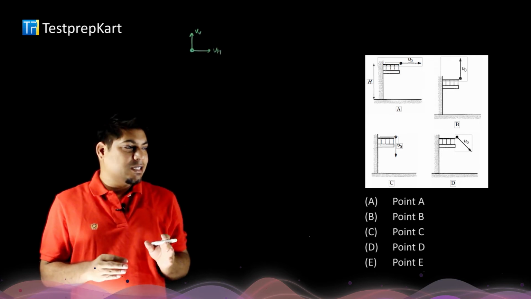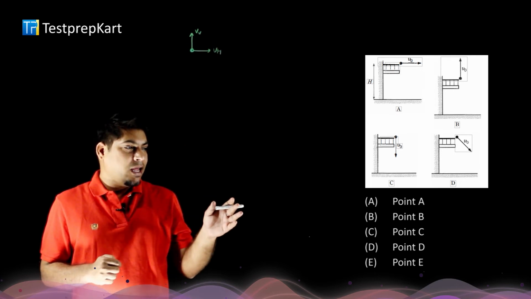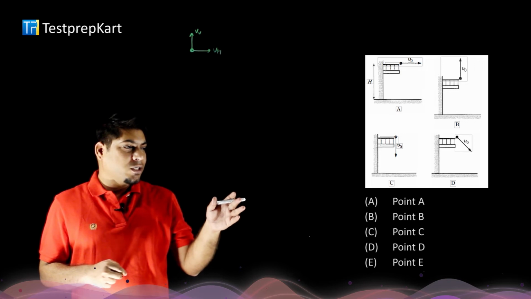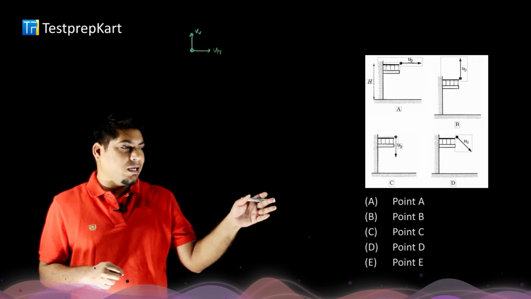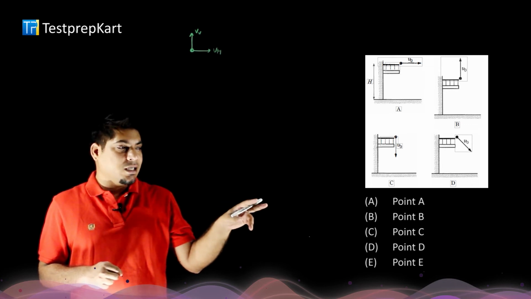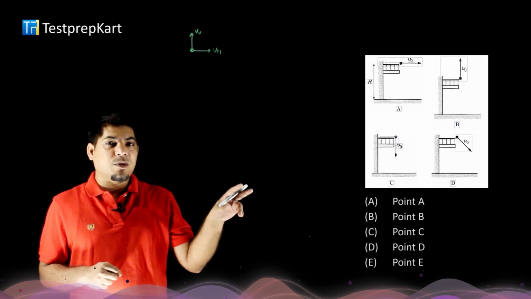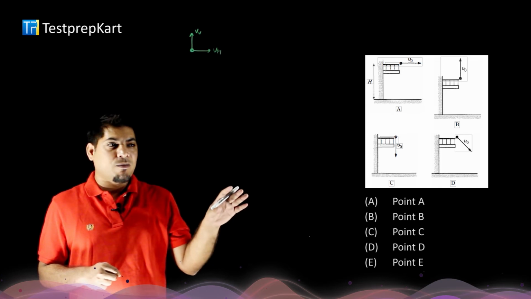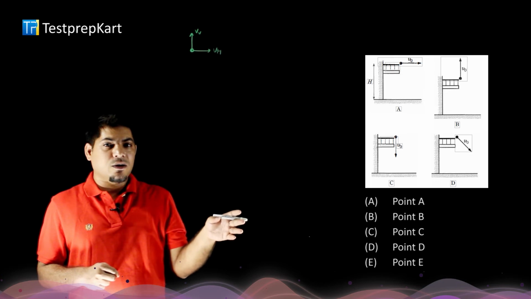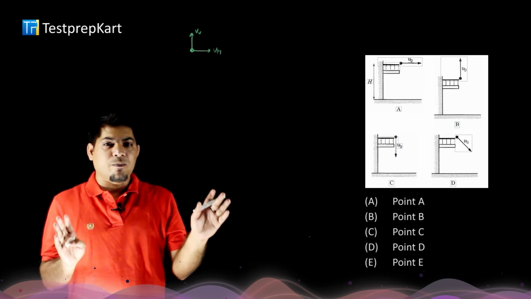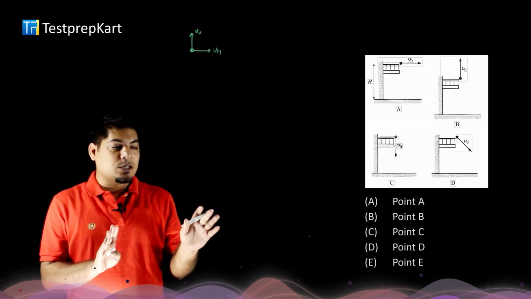So in the diagram we can see in figure A, the object is projected in the horizontal direction, in B it is projected in the vertical direction, in C it is projected directly downward, and in D it is projected at a certain angle. So in cases B and C, there will be no horizontal displacement as the direction of the ball is either vertical or downward. Okay, so there is no horizontal component, so there will be no displacement.